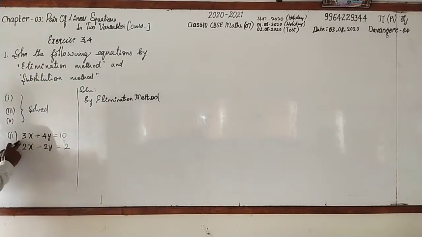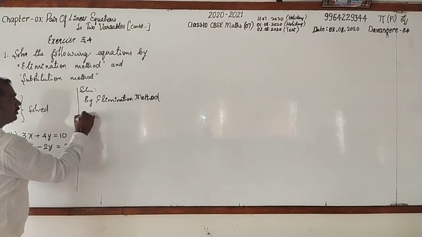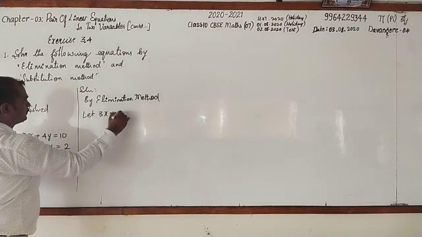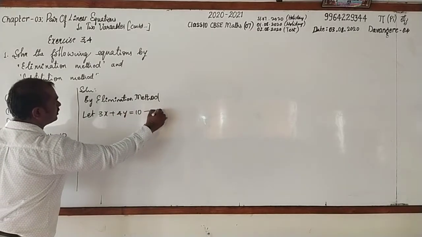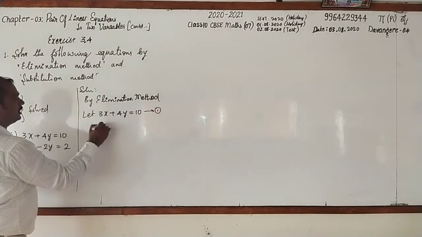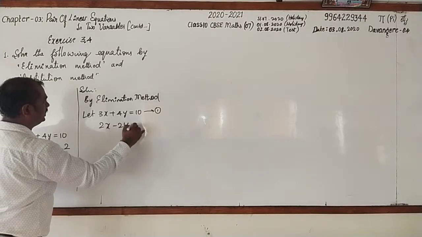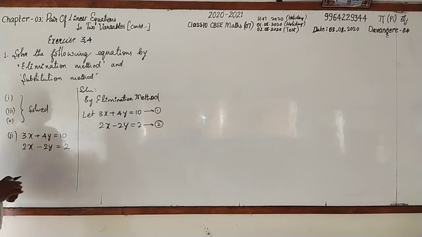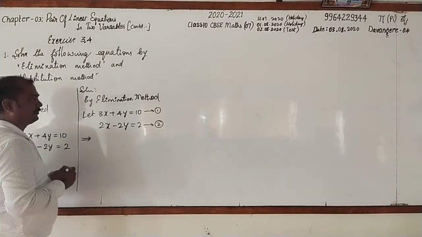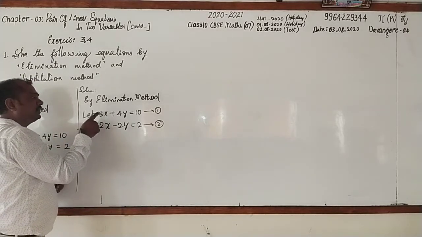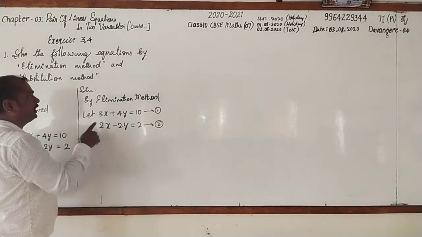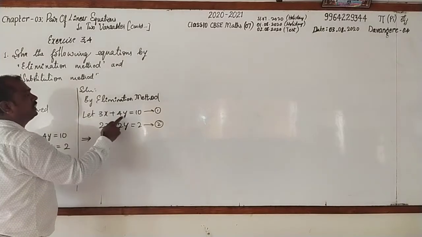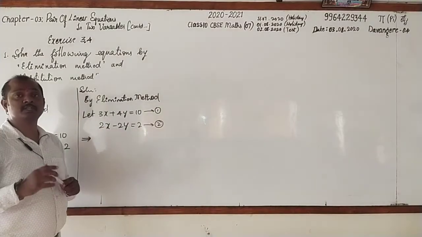Observe. We have 2 equations. First, let us call them 1 and 2. 3x plus 4y equal to 10. You may call it equation 1. Then 2x minus 2y equal to 2. You may call it equation 2. Right? In this method, first we have to eliminate either x or y. To eliminate x, their coefficients must be equalized, or to eliminate y, their coefficients must be equalized.